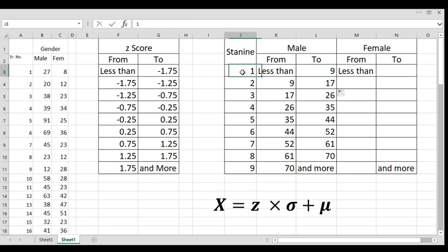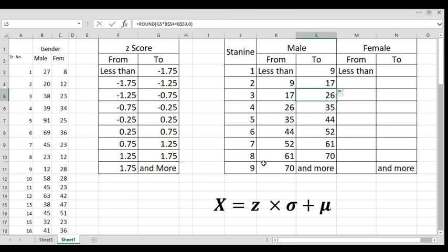The scores of the male, if less than 9, will be assigned first stanine. The scores of the male between 9 and 17 will be assigned stanine 2. Scores between 17 and 26 will be assigned stanine 3.